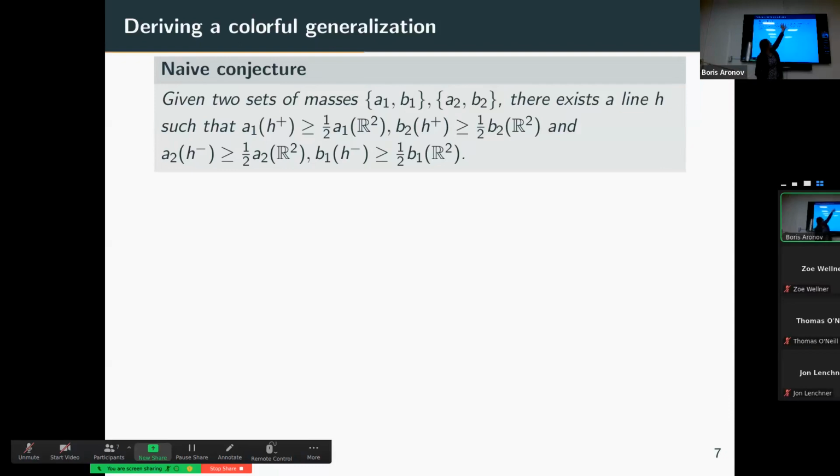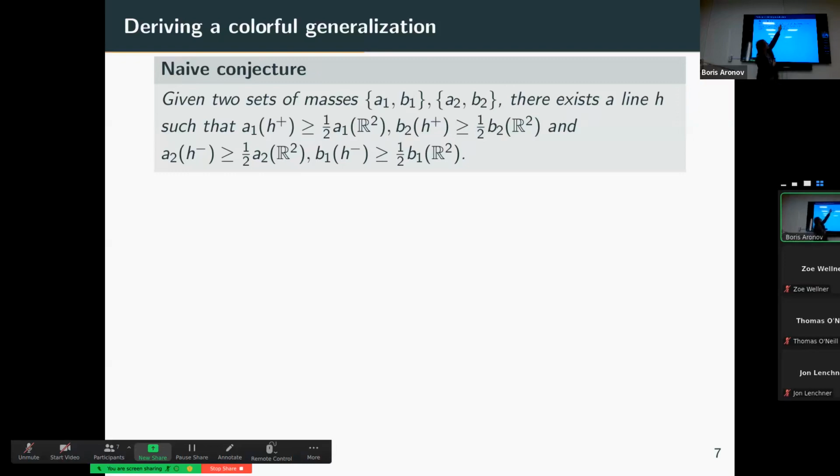So there are 2 different colors, 1 and 2. And something that you might want is to say that there exists some line H such that at least half of your first A mass is on the positive half space, and then at least half of the B mass in the second color is on the positive half space.